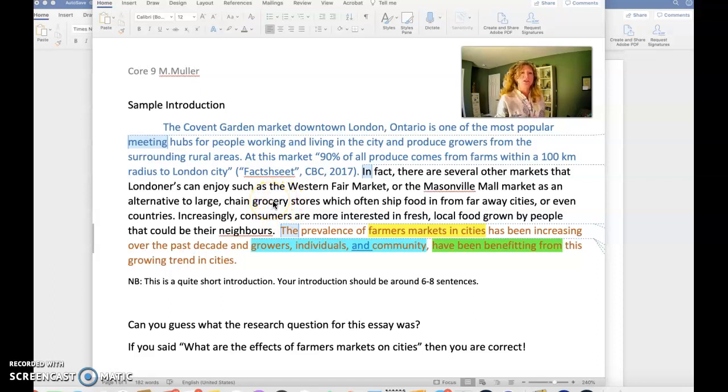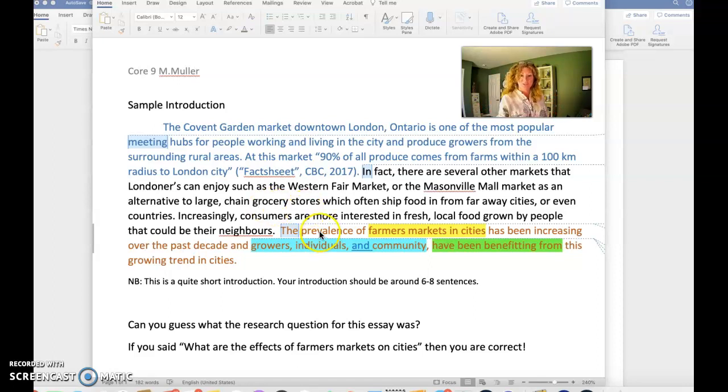Make sure you save the good stuff for the body paragraphs, okay? Don't put any details that you already have in your introduction. This is the part where you're introducing the topic as a general idea, okay? Giving some background information. For example, maybe people don't even know what a farmer's market is, but I think after reading this, now they kind of have an idea, all right?